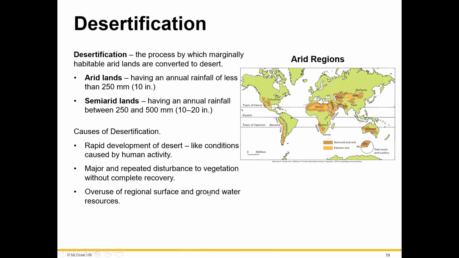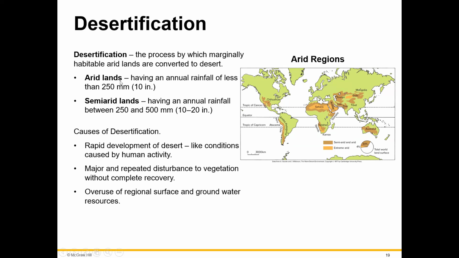Desertification. As things are becoming, if we're getting less water and we're hurting vegetation, then either human caused or even natural, deserts can be created or newly formed in arid lands.